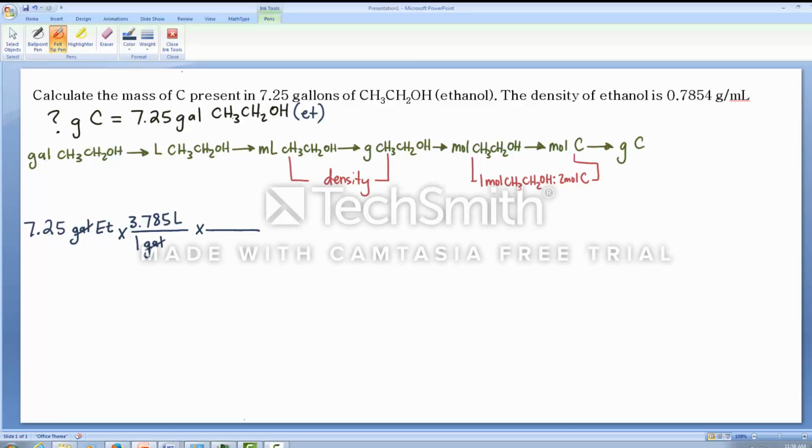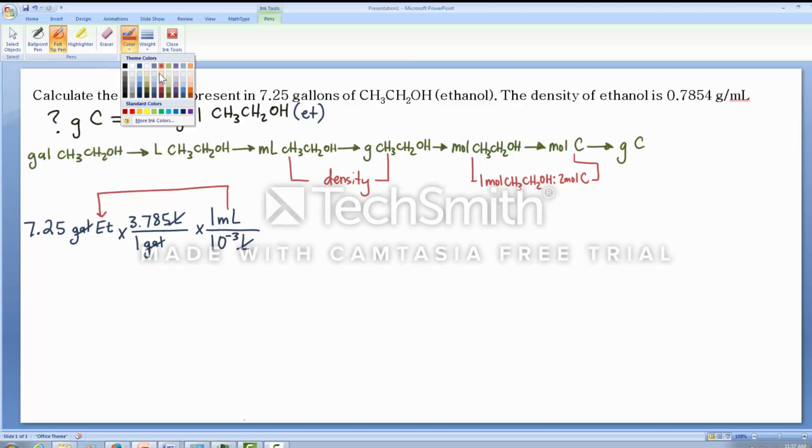The next thing I want to do is go to milliliters. So in 1 milliliter, I have 10 to the minus 3 liters. Now, this puts me in a unit of milliliters of ethanol.